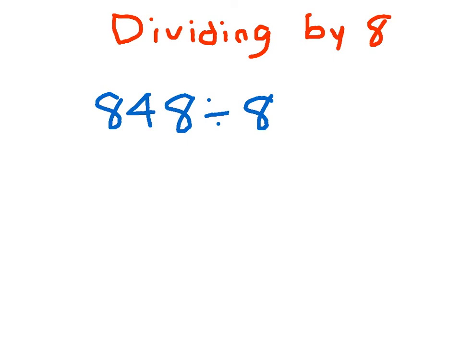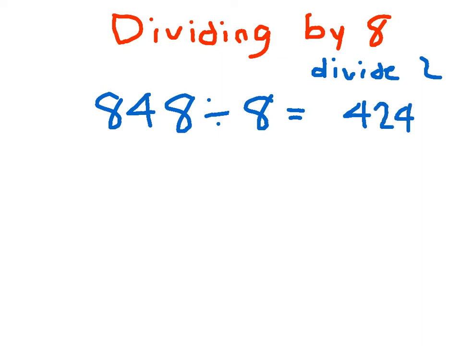848 divided by 8. And when we're dividing by 8, what we're going to do is divide by 2 three times. We'll take this in half 3 times. So 848 divided by 8. Half of 848 is already 424.